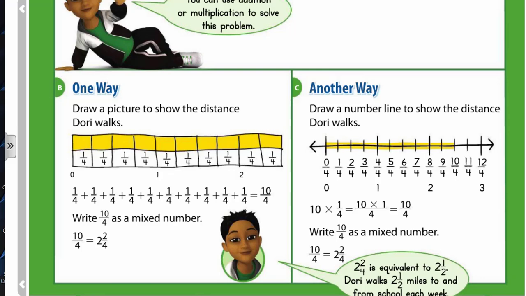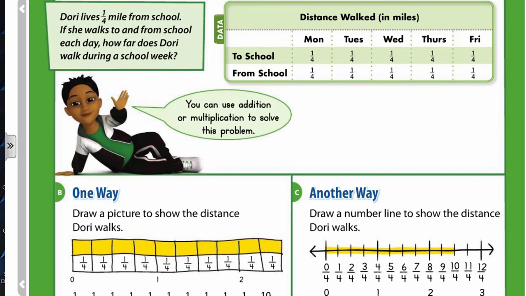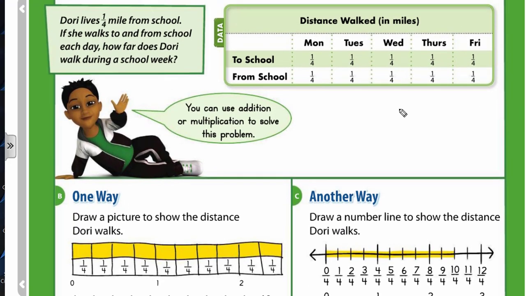We can use multiplication and we can use addition. Let's start with addition. The question asks about 1 week. How many days in 1 week? Can anyone help? 7. Great.